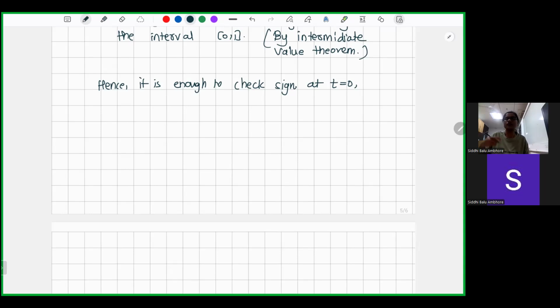Because t equal to 0 gives me D. So we just have to check whether the determinant of D, or the determinant of A(t) at t equal to 0, is positive or not. Because the sign will remain constant throughout, and at t equal to 1, the determinant of A(t) will be the determinant of A, and we will get the sign.